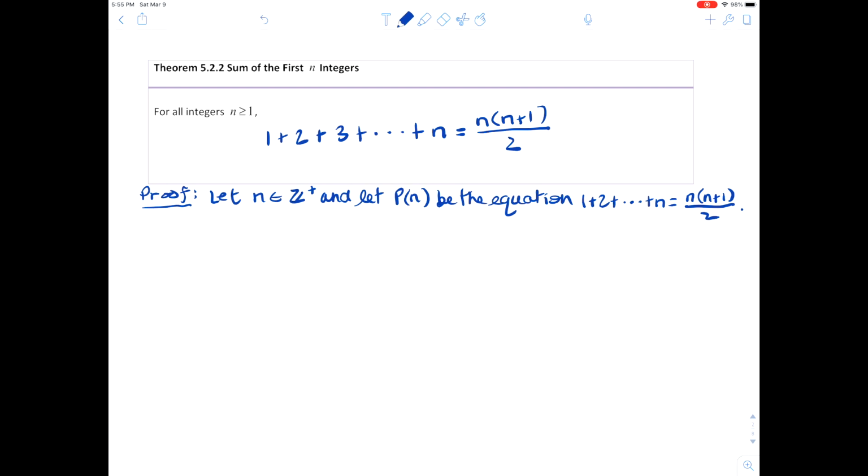So our basis step, or first part of the evil plan, is we want to show, or check, if you will, that P at 1 is true.